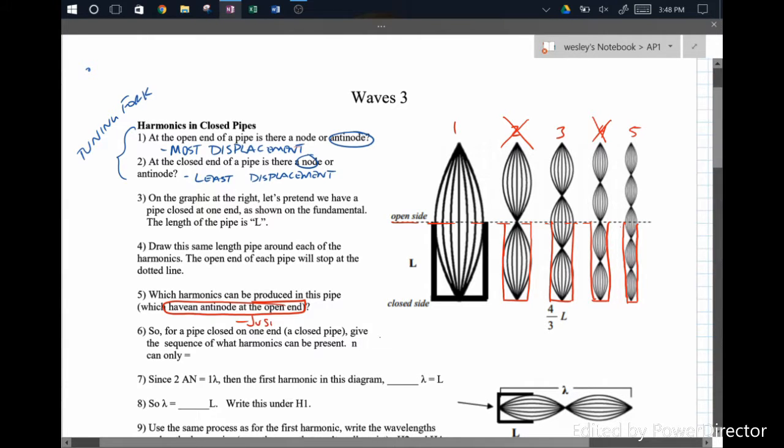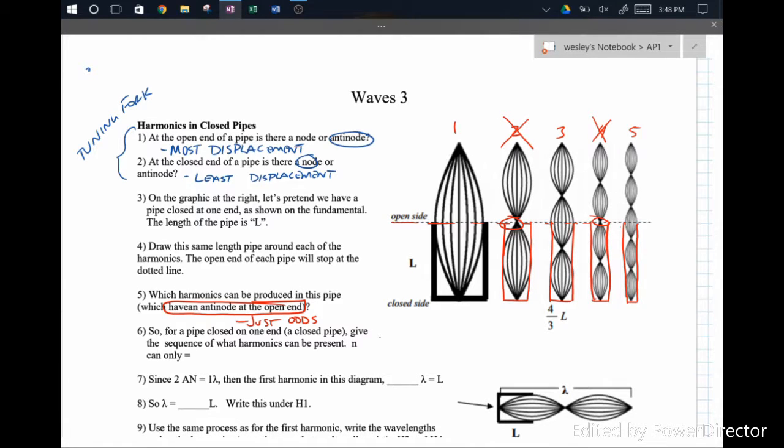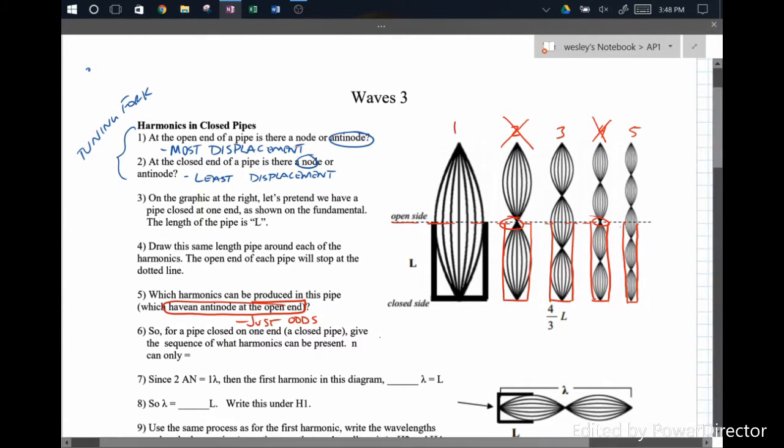So just the odds. Because even harmonics give me a node at the open end, and that won't resonate in this shape. So that's out. N can only equal odd numbers, so 1, 3, 5, 7, and so on.